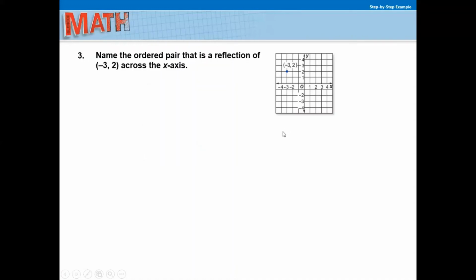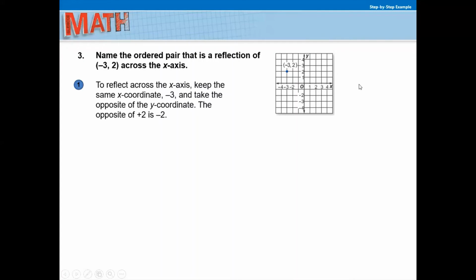Number 3, name the ordered pair that is a reflection of -3, 2 across the x-axis. A reflection. So this is the x-axis, okay? And a reflection is like what you see in the mirror. To reflect across the x-axis, keep the same x-coordinate, -3, and take the opposite of the y-coordinate.